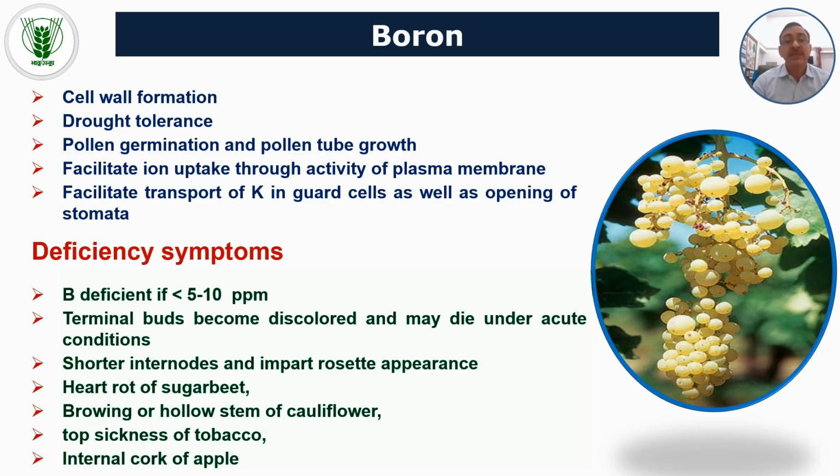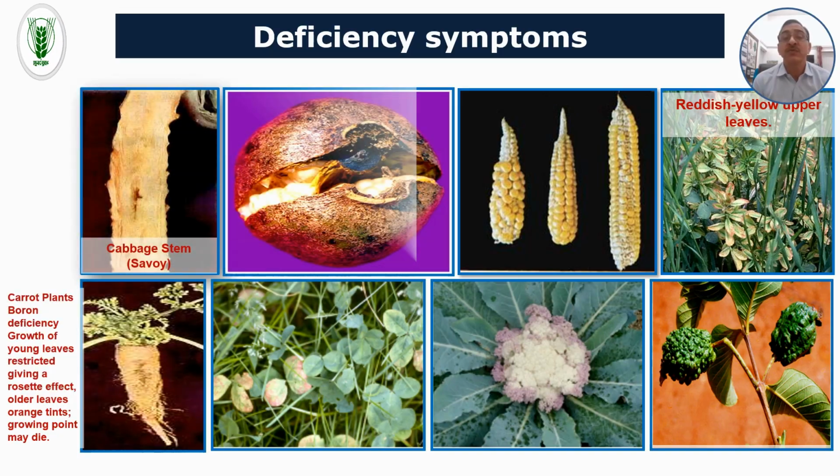We can see clearly here where these fruits are cracking and a purple-orange color is produced. For example, in cauliflower, we can see the color, and in this Trifolium species here. So this is an indication of boron deficiency.